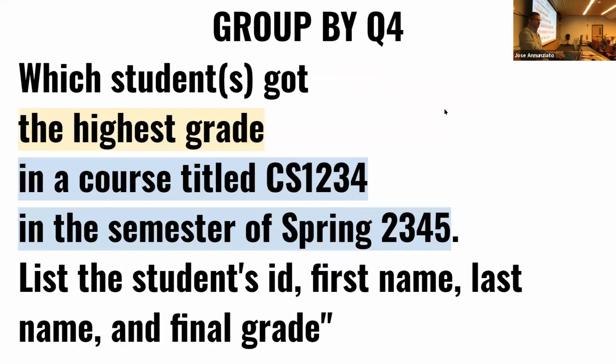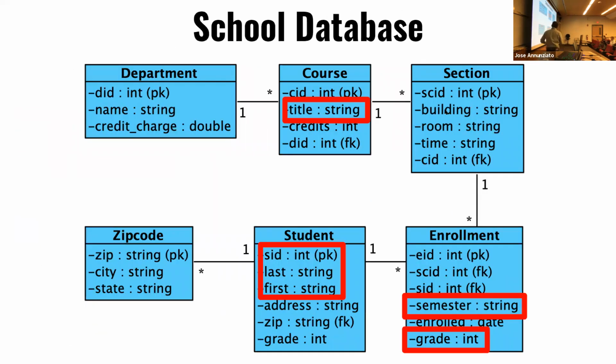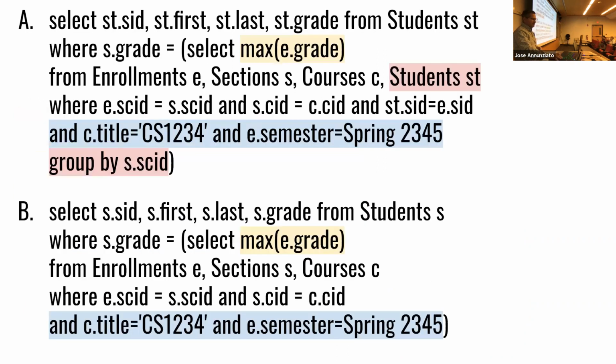So basically, I'm joining these 4 tables. The foreign key of the enrollment goes out to the student, check. The foreign key of the enrollment goes out to the primary key of the section, check. And from the section it goes out to the course, check. So the joins look okay, and I have 4 tables and 3 joins, so that looks okay.